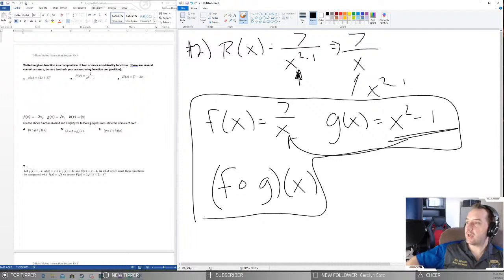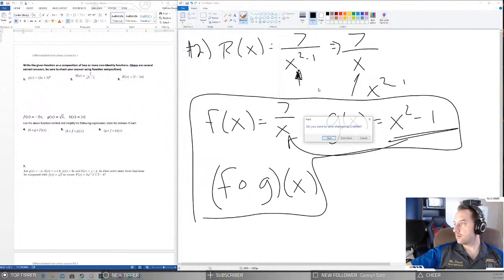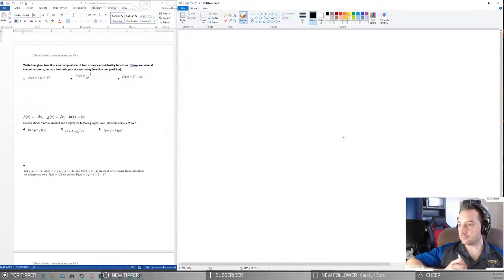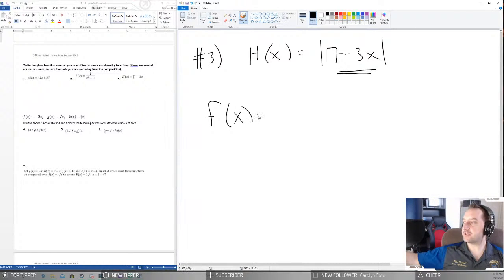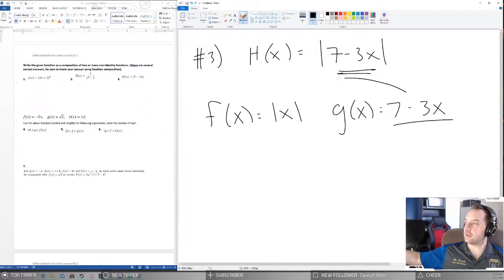Okay, let's look at number 3. h of x equals the absolute value of 7 minus 3x. So I can think of this as a shell, as a function, so f of x equals the absolute value of x. And then my g of x, I can think of as 7 minus 3x. So then I'm plugging this into here.